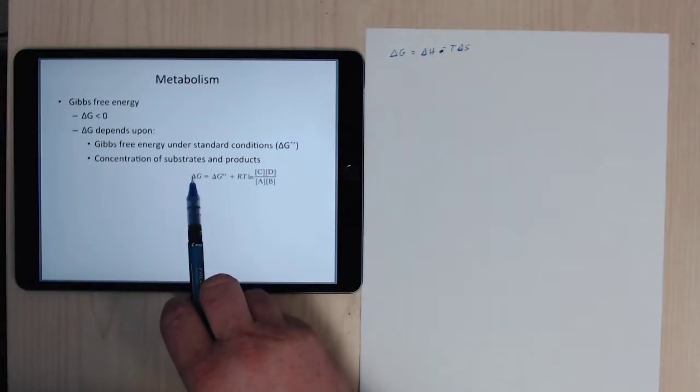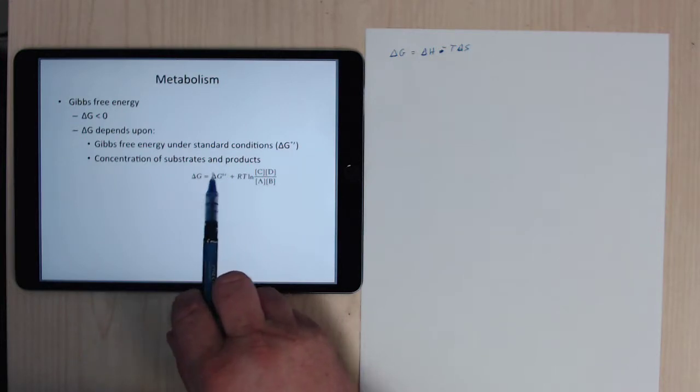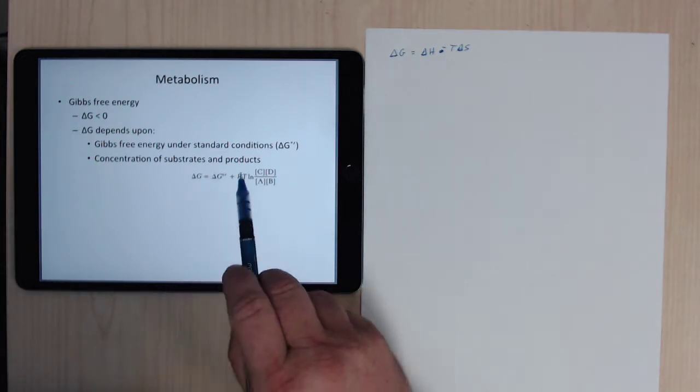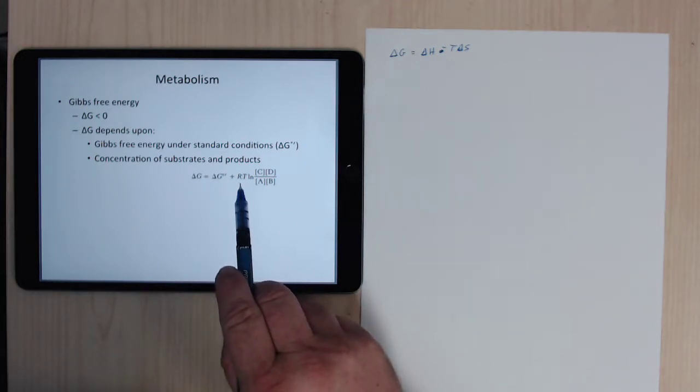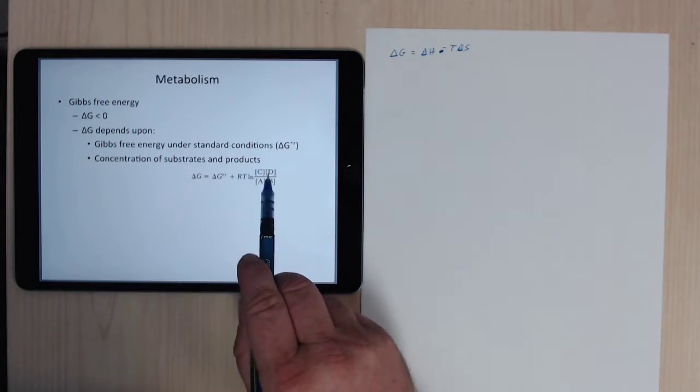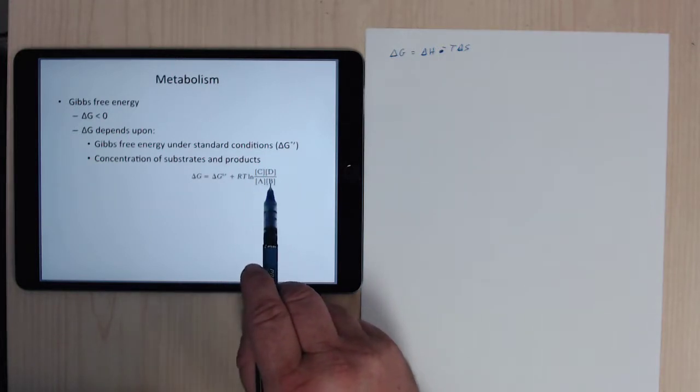The Gibbs free energy of the reaction conditions right now is equal to the standard Gibbs free energy under standard conditions plus R, which is a constant, T, temperature, and then the natural log of the concentration of the individual products over the starting materials.